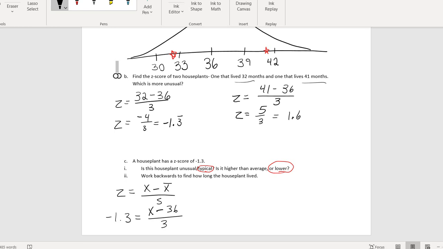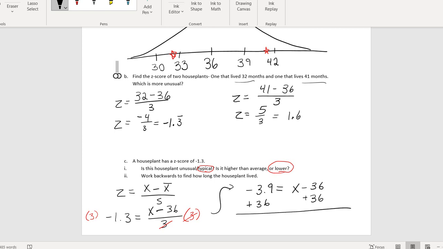Now, to solve this, you have to get rid of that denominator first, so we're going to multiply both sides by 3. That means that the denominator and that 3 is going to cancel out, and that is going to become negative 3.9 equals x minus 36. Now, we're going to add 36 to both sides.